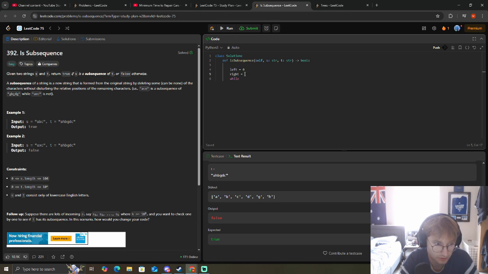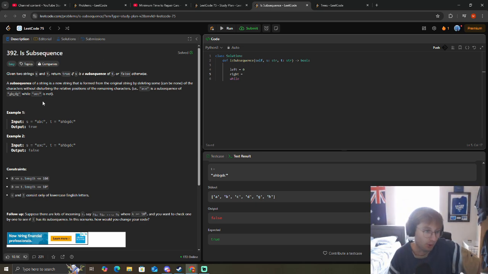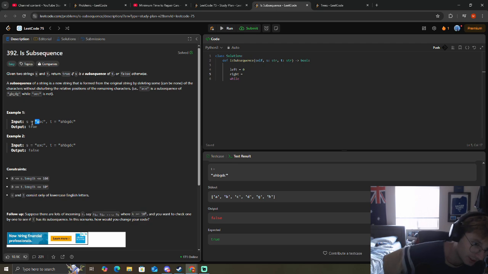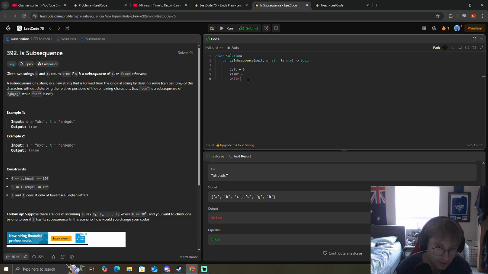My thought process here is to use a left pointer over here. We make left equal to 0. I don't know if this would work, but we make two pointers, right?